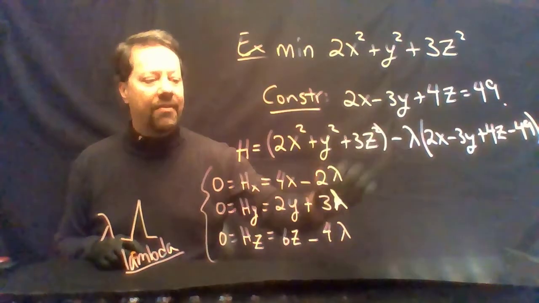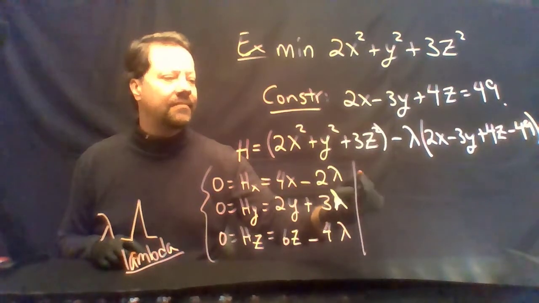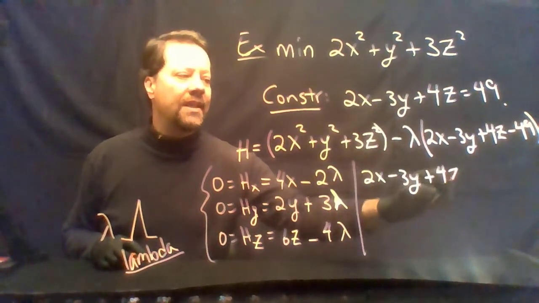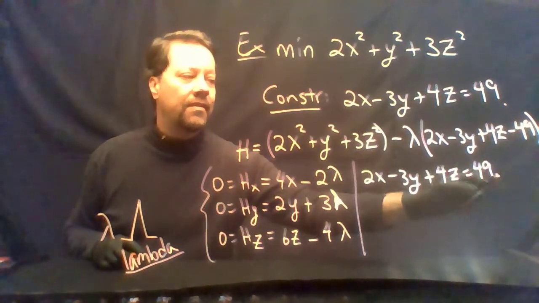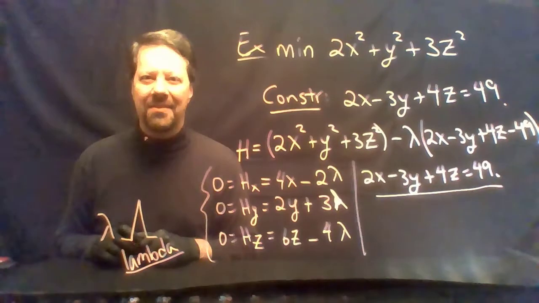And then to these 3 equations in 4 unknowns, we add the constraint, 2x minus 3y plus 4z equals 49. 4 equations in 4 unknowns.